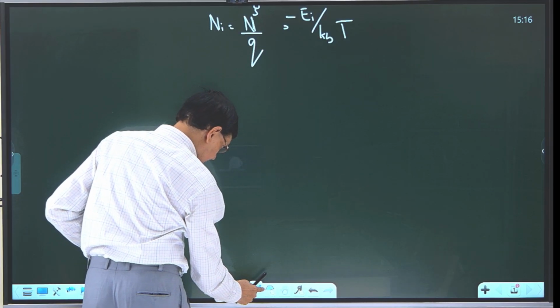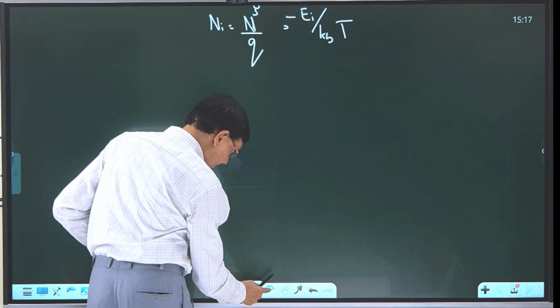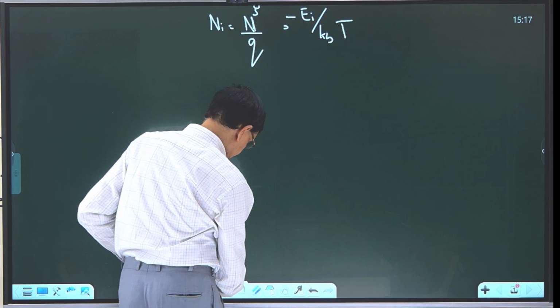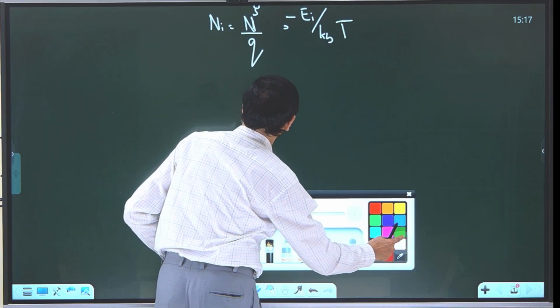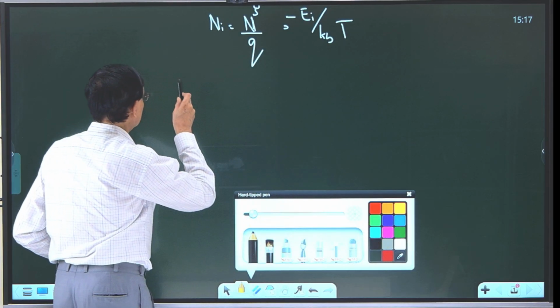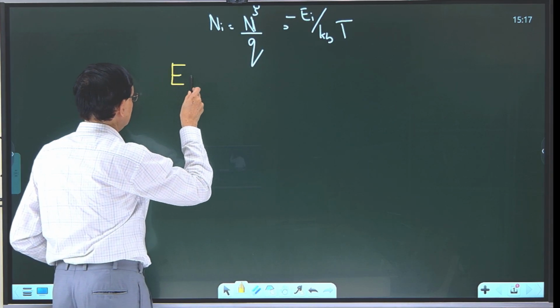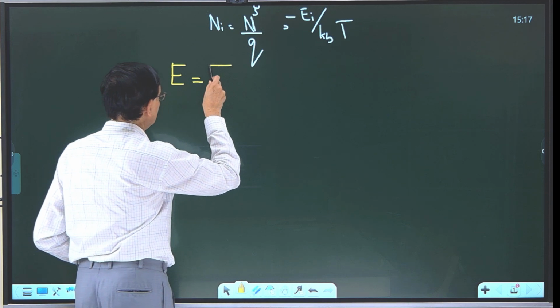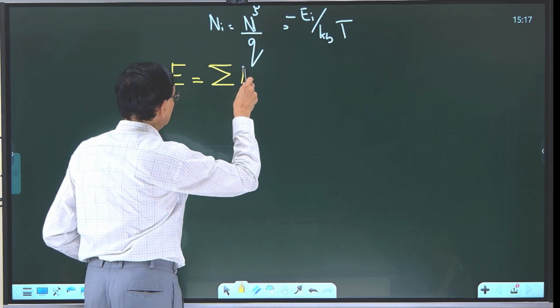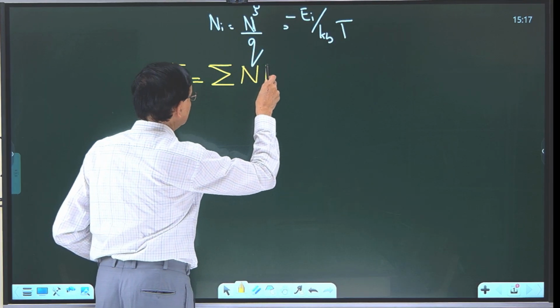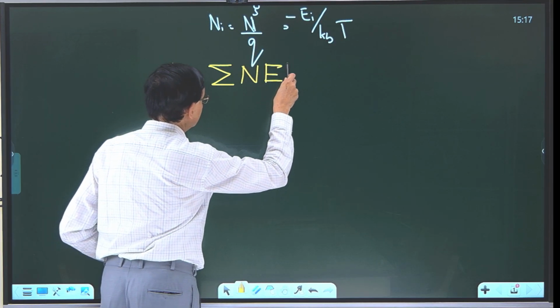So when you derive this formula, because we have already written in the last stage E is equal to summation of Ni Ei, isn't it?